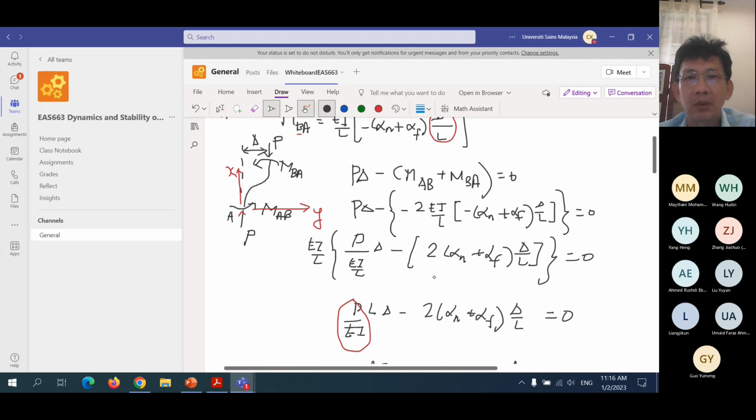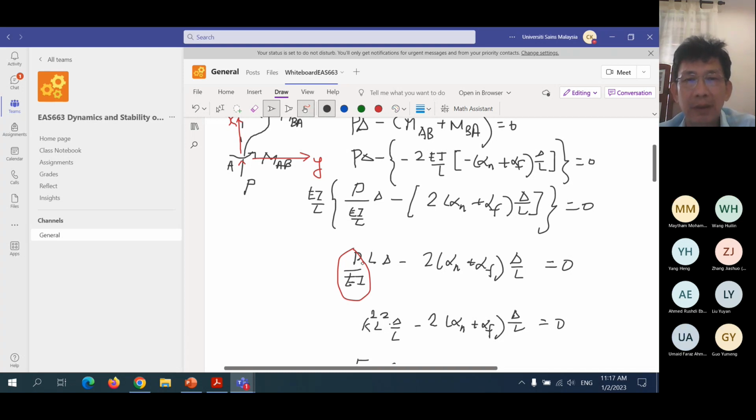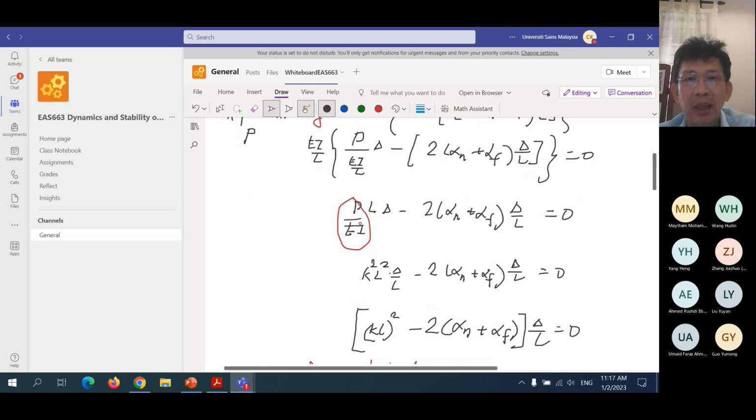Then we want to rewrite this in such a way that it will become like this, because we want to make it have a common term like delta over L as well. So what we do here is, this is just coming from here, just PL, just take it up there. So this is coming from these terms here. Then remember K square. Okay, remember our K square class.